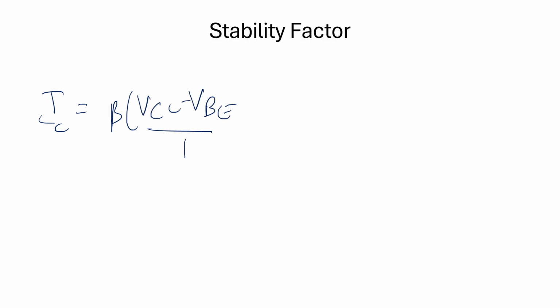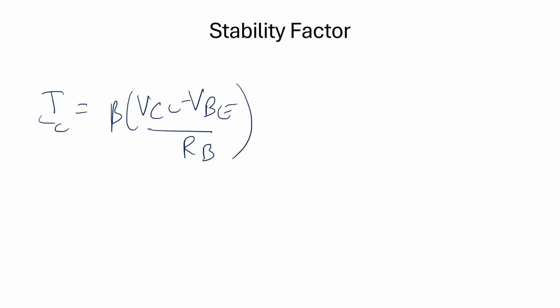Now we'll try to compare the biasing circuits. In base bias circuit, the Q point value is approximately IC equivalent to the emitter current. IC is equal to beta into VCC minus VBE divided by RB.